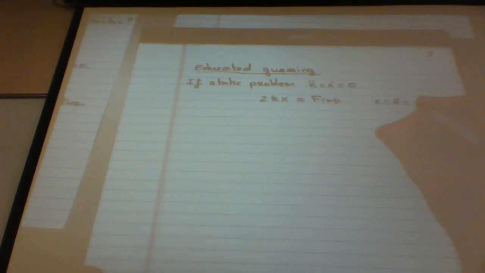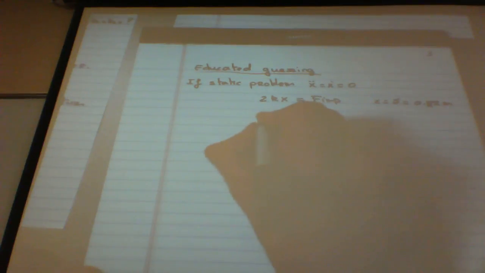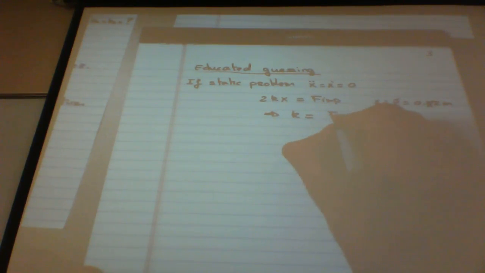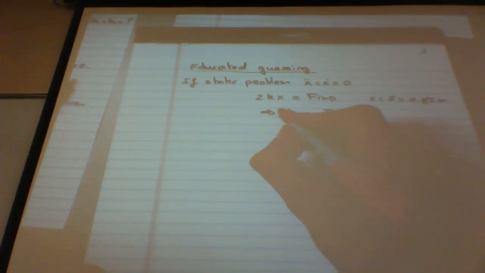Yeah. So which is 0.02 meters. No, just 0.2. 0.2 meters, correct. So we could say over here that then k would be equal to the force of the impact divided by 2x. Okay? Mm-hmm. So it would be the highest value we could get for k.